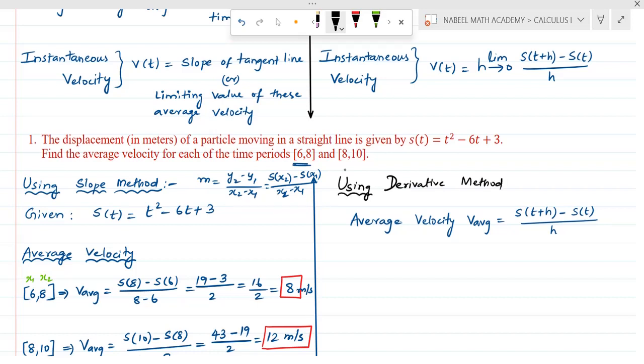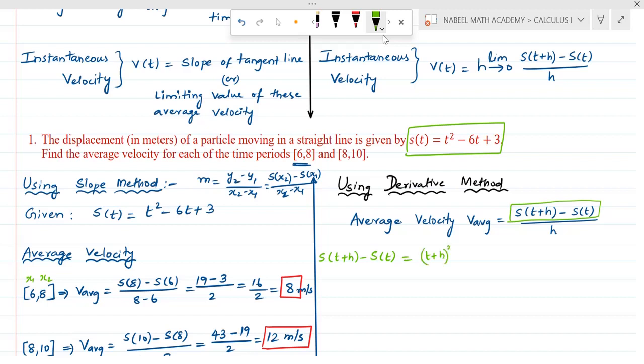First of all, we will calculate the numerator part. Since s of t is given in the question, I will calculate s of t plus h minus s of t, which is equal to t plus h whole square minus 6 times t plus h plus 3.